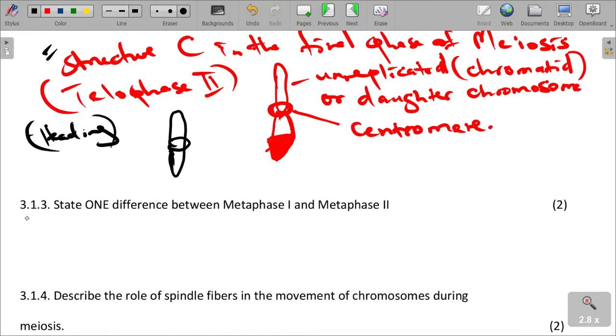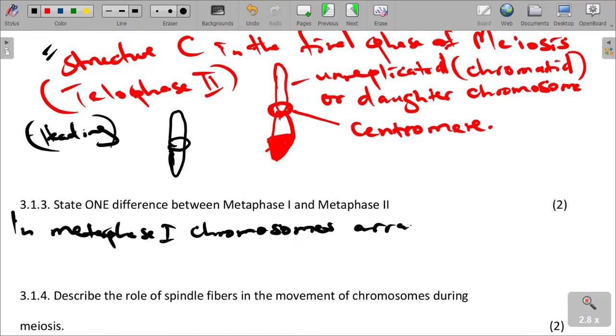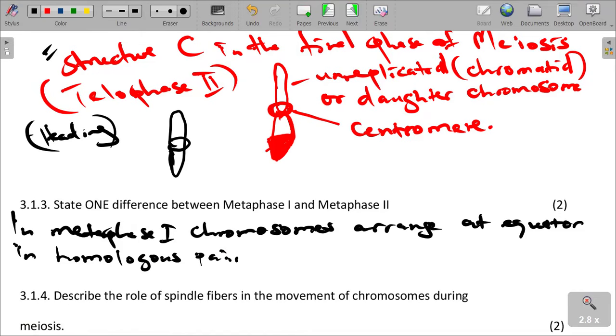I'm sure that we have seen that in metaphase 1, the chromosomes arrange at the equator in homologous pairs, which is different in metaphase 2, where chromosomes arrange at the equator in singles.